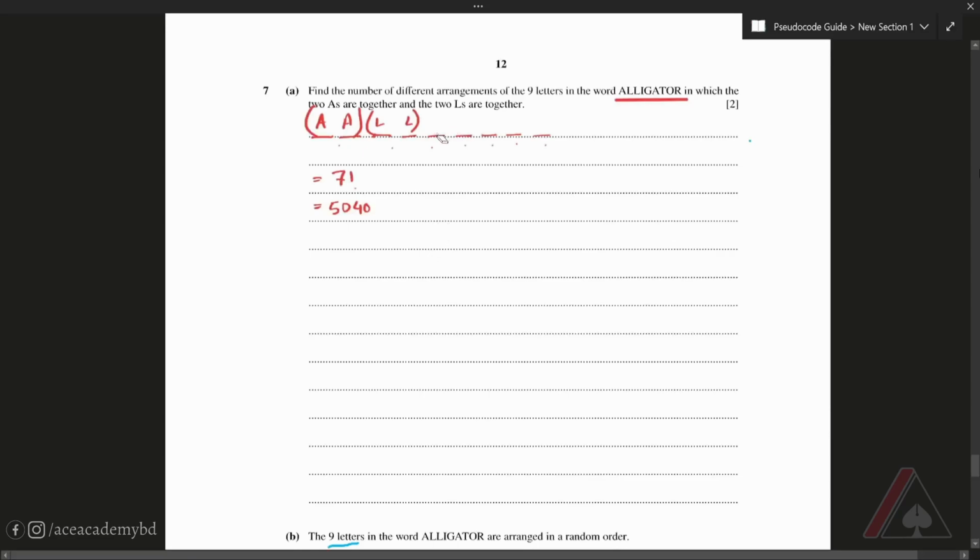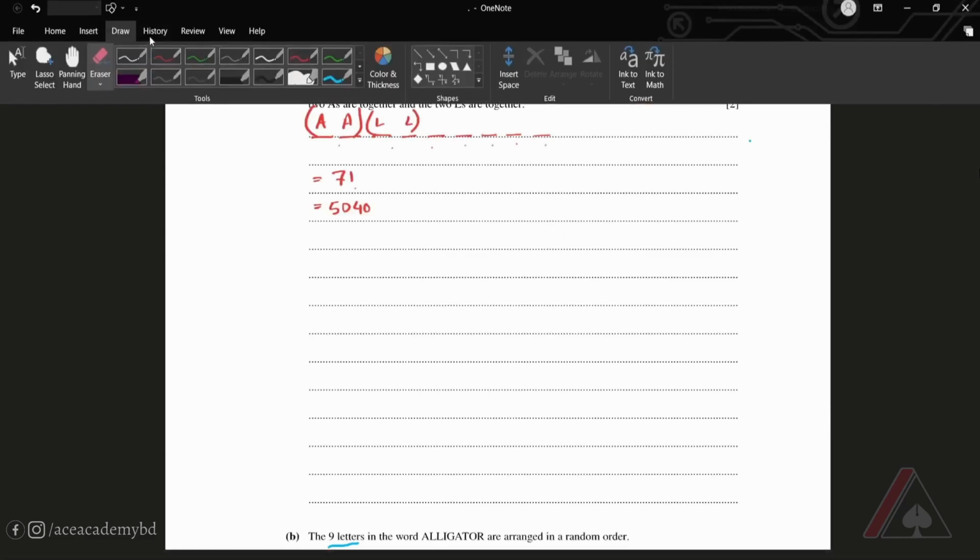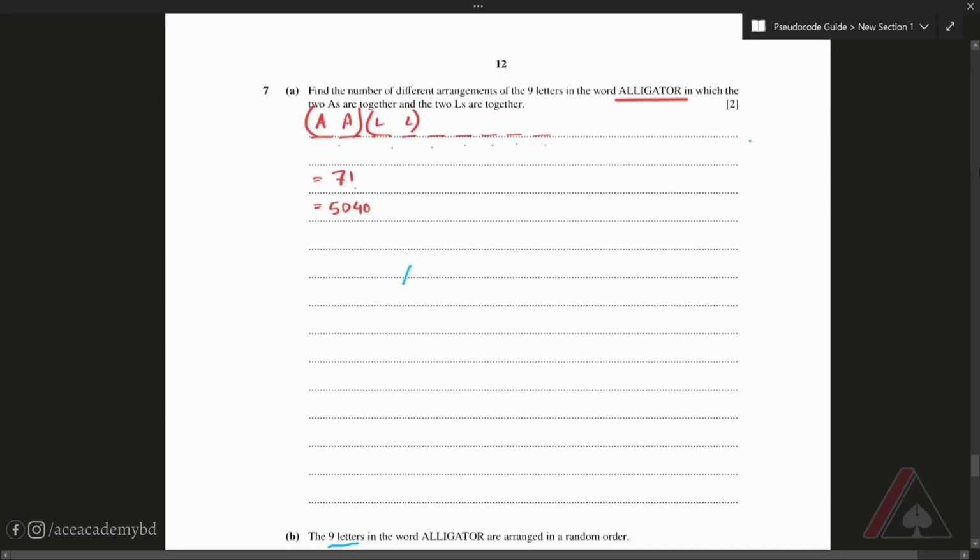In 7a, they told us to find the number of different arrangements of the letters in the word alligator in which the two A's are together and the two L's are together. So we have 9 letters: A, L, L, I, G, A, T, O, R. We're told that the two A's have to be together and the two L's have to be together.